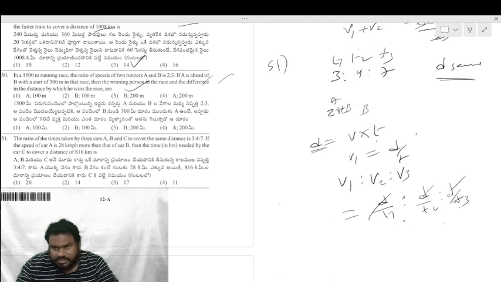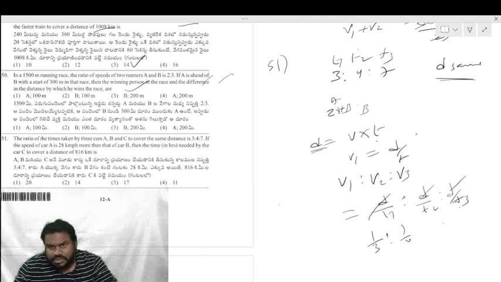D is the same, D gets cancelled. 1 by T1 is 1 by T2 is 1 by T3, 1 by 3 is 1 by 4 is 1 by 7.